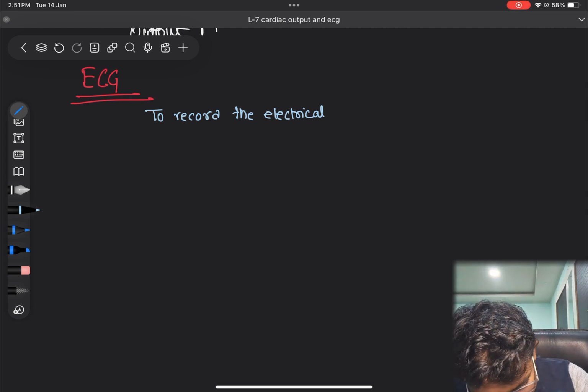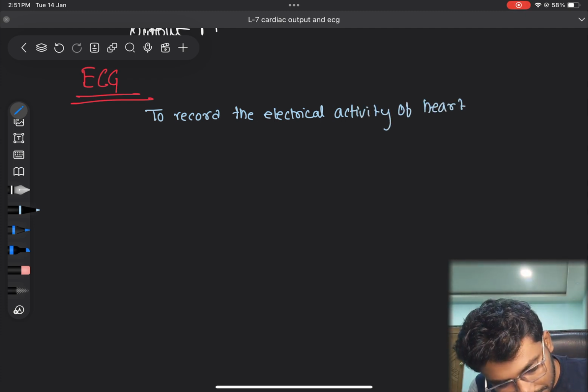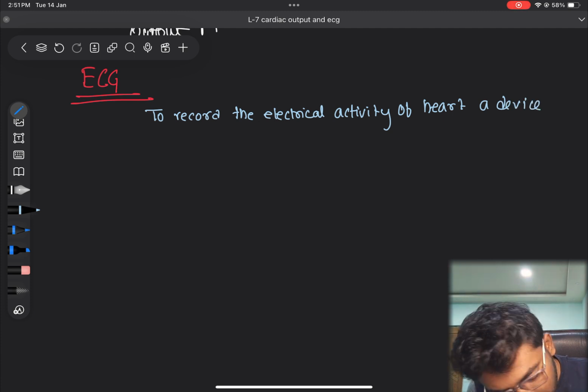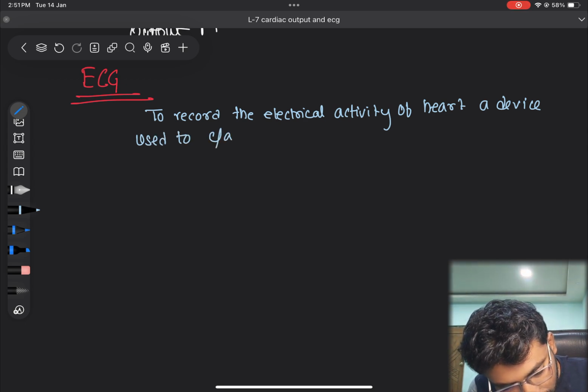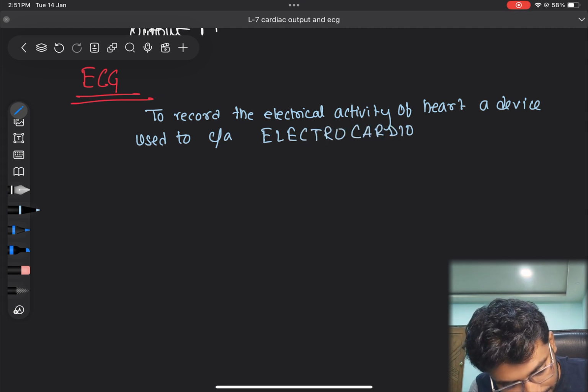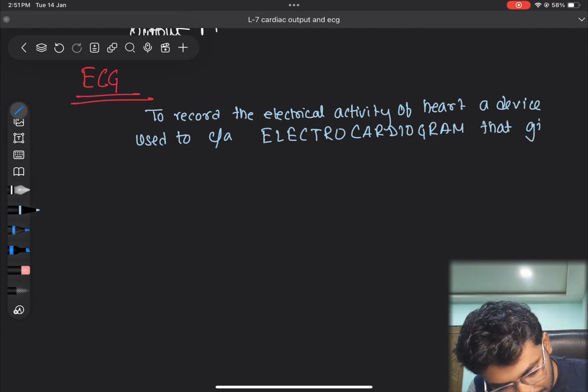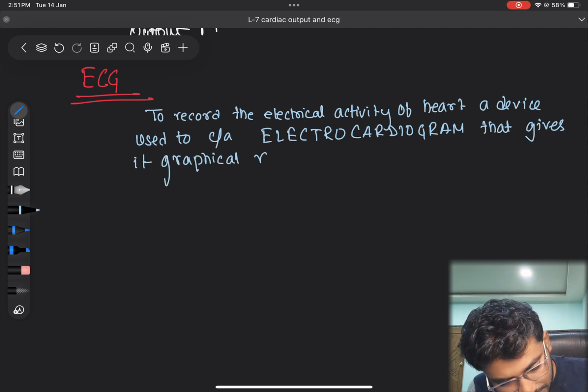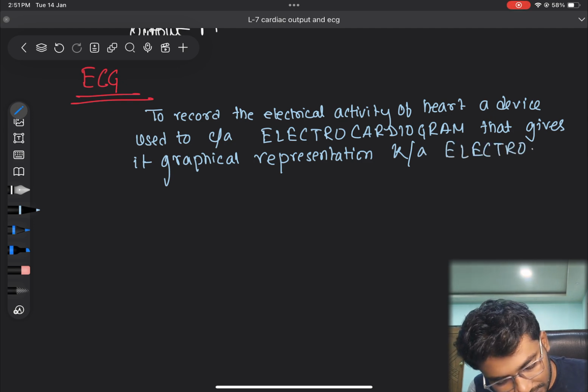To record the electrical activity of the heart, a device known as the electrocardiogram is used, and it gives a graphical representation known as the electrocardiograph.